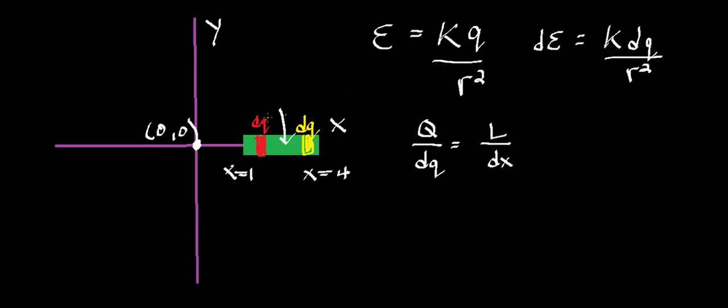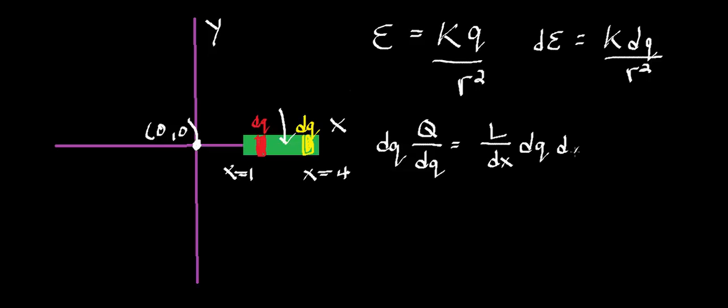I say that I can take the total charge of this rod, and that is to the differential charge element as the total length of the rod is to a differential length element. On the left side I have my charge elements, on the right side I have my length elements, and so I equate them. Now I can solve for dq. I'll multiply both sides by dq, and then multiply both sides by dx.